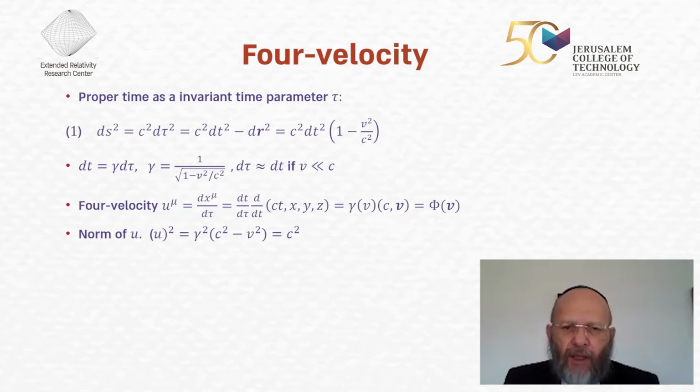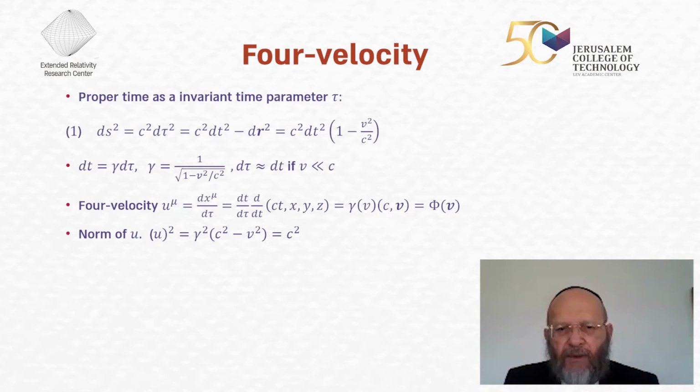What is the norm of this vector u? To calculate the norm of a vector, we calculate the norm of the square of it. The norm of the square is the square of this expression, gamma square. And for such a thing, this norm is the square of this one minus this, v square.